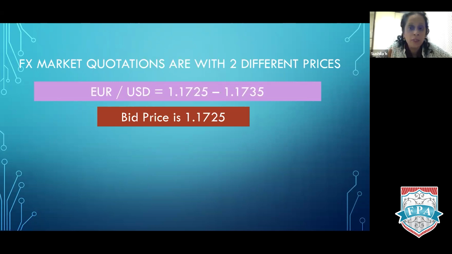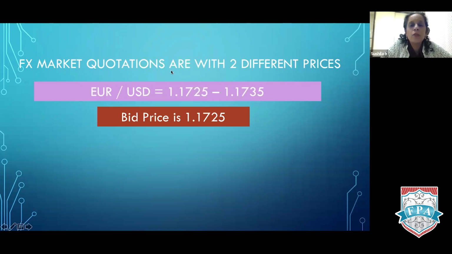Always think base. I just told you that few slides ago. Do not think of the quoted currency at all. Ignore it completely. Only when you have to give the final answer, you come back to it. Think base. So over here, the person who's giving you this two-way price is going to buy euro at 1.1725. Very good.